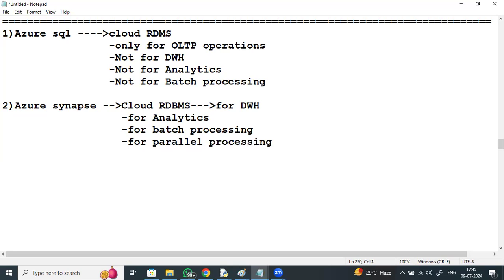User non-interactive applications, we say. User interactive means online processing. Batch processing means without the interference of the user. Most of the banking applications and financial applications are batch.